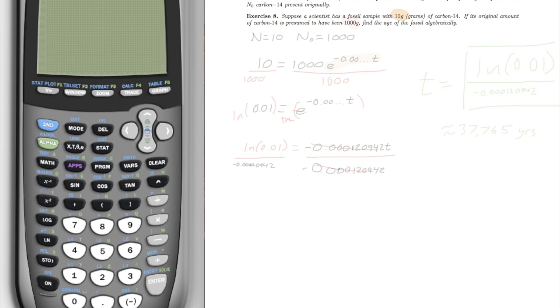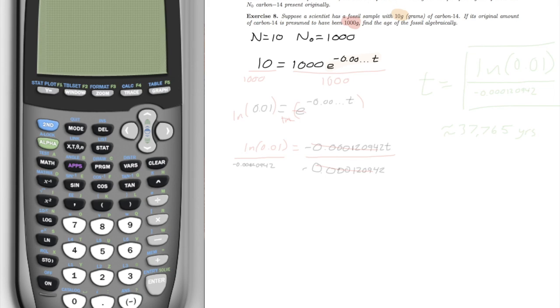N naught is the past amount, the initial amount when this object first started decaying. So N is 10 grams and N naught is 1,000 grams. We then know that we have 10 equal to 1,000 times e to that crazy long exponent. And I'll abbreviate that.